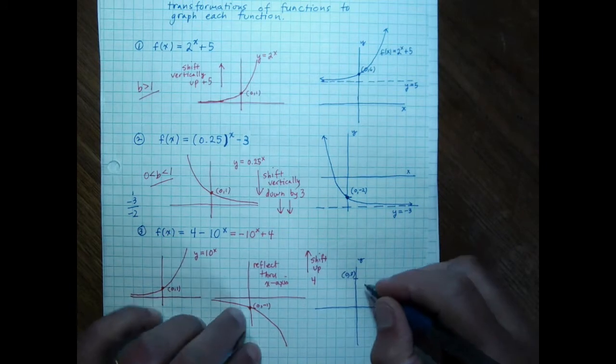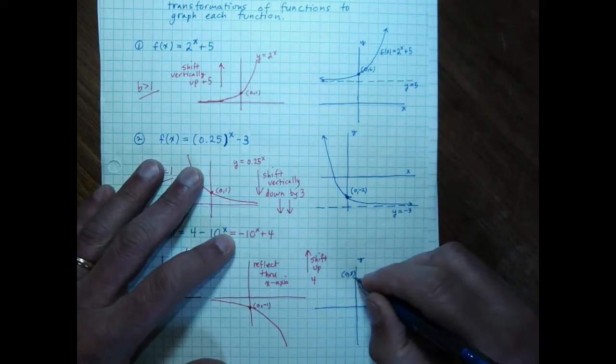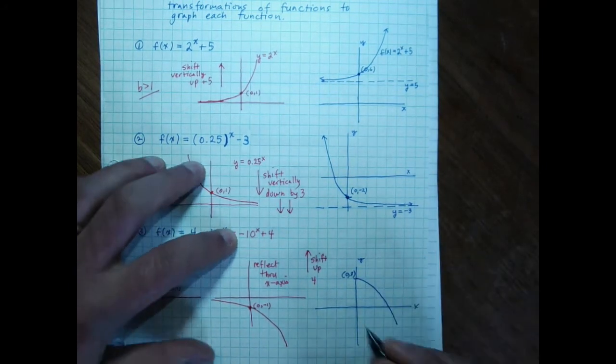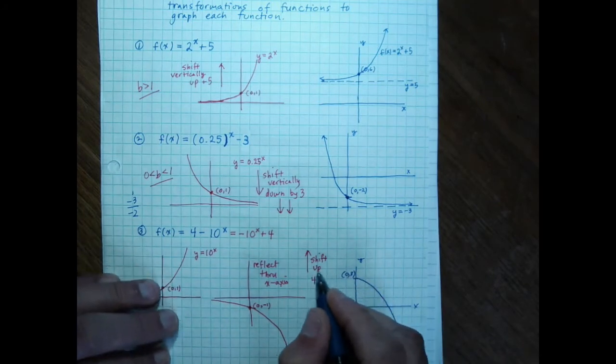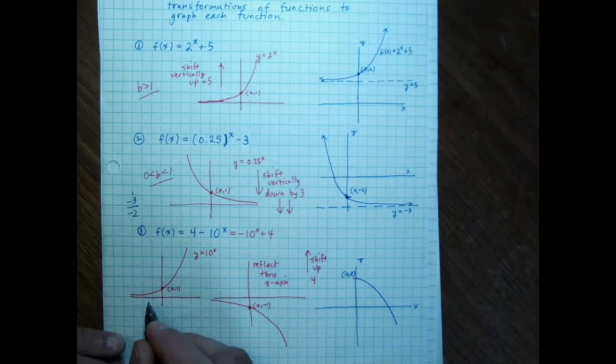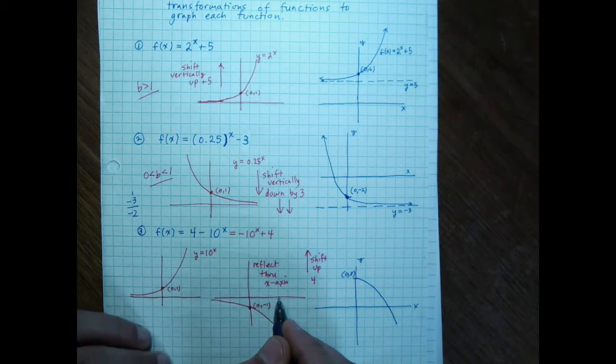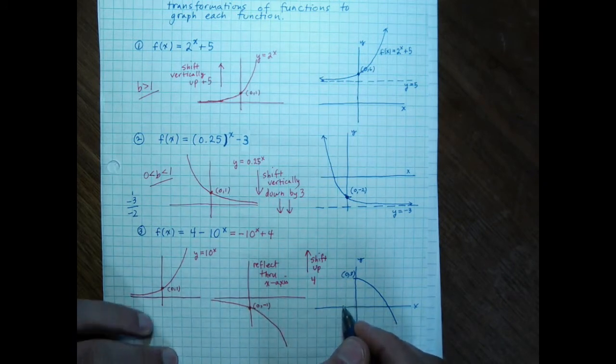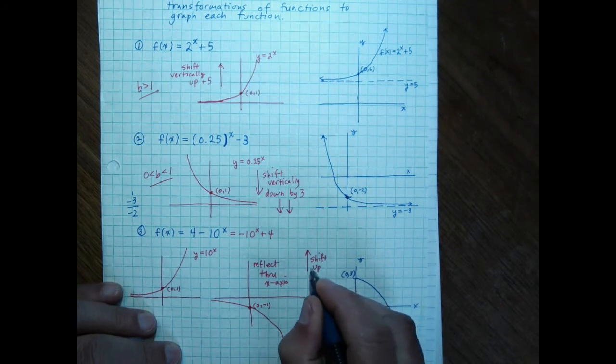And so the graph is going to go plunging down from the y-intercept. And I have to draw the new position of my horizontal asymptote. The horizontal asymptote stays put for the reflection, but then it's going to be shifted up 4 units.